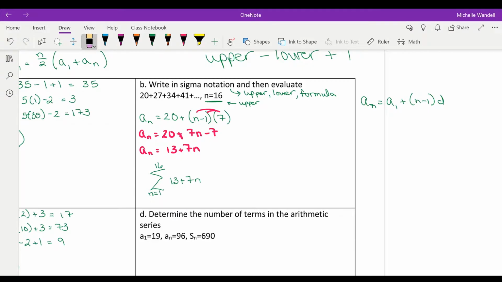Alright, so we have our sigma notation and now we have to evaluate. Okay, well, to evaluate, we need to remember that we have to find our number of terms, our first term, and our last term. Well, we know our first term is 20. We already figured that out. They gave that to us. And you can figure it out by plugging in that n equals 1. Okay, if I do that, again, a sub 1 is 20. To get my last term, I'm plugging in 16.